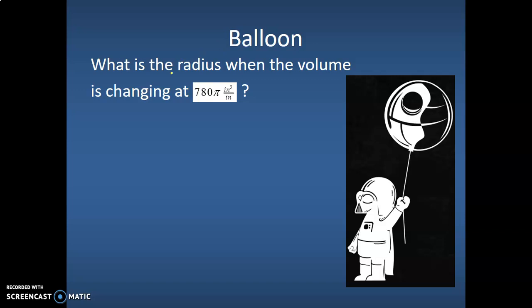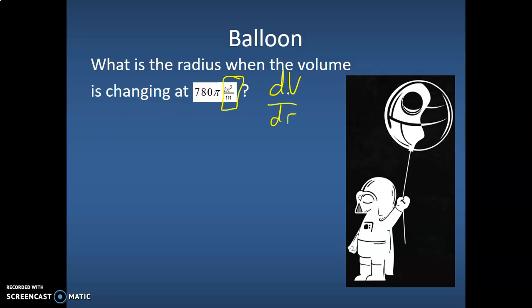All right, this one says, what is the radius when the volume is changing at 780 pi inches cubed per inch? Looking at units can help us get an idea of what they're giving us. In this problem, inches cubed per inch, they're giving me the rate of change of the volume with respect to the radius.